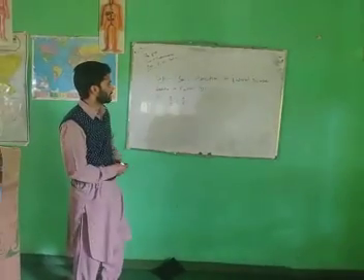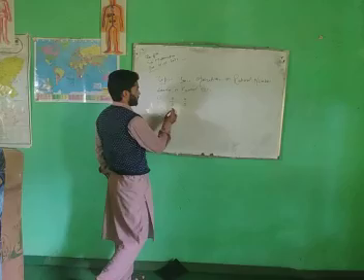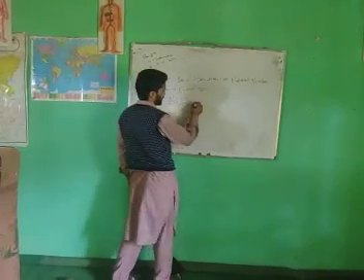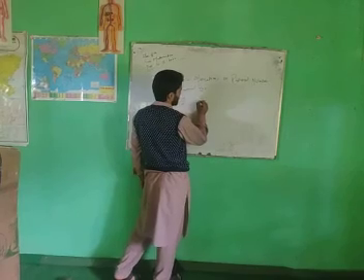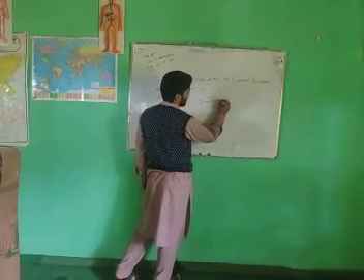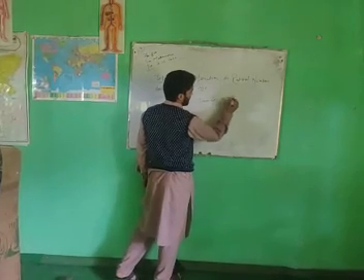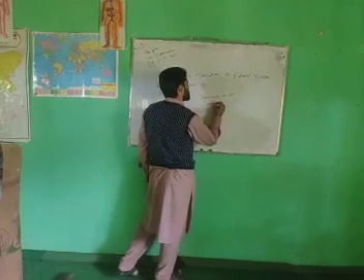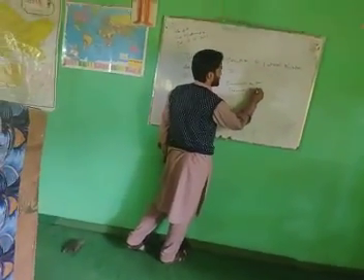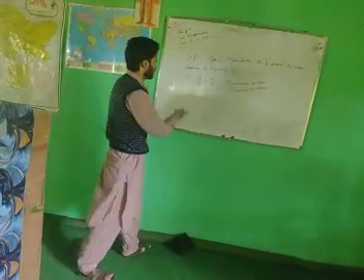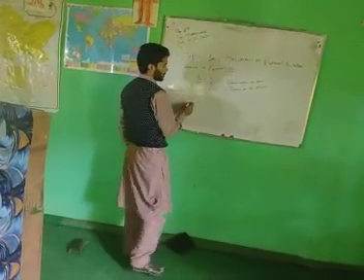I had discussed it earlier in the first class. Here are two conditions in addition. First condition is when denominators are same. Second condition is when denominators are distinct. I already discussed it. I will take one more example when denominators are distinct.